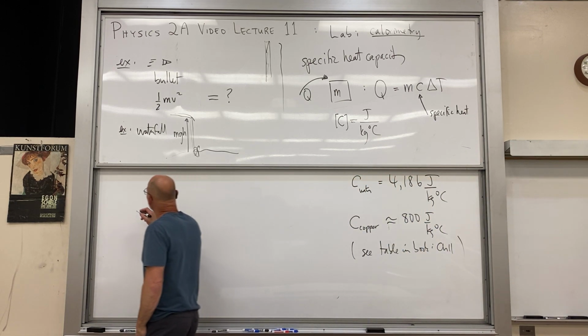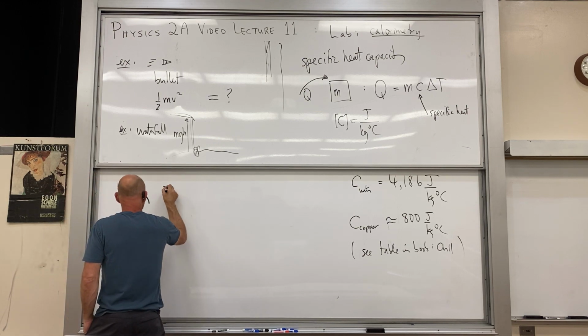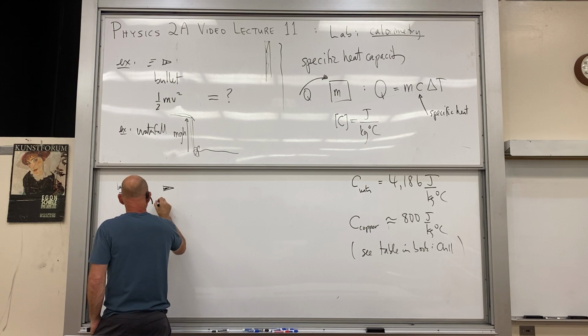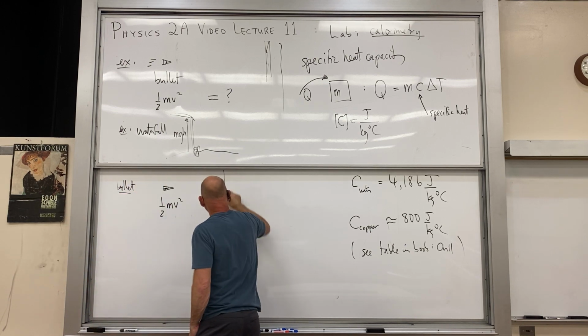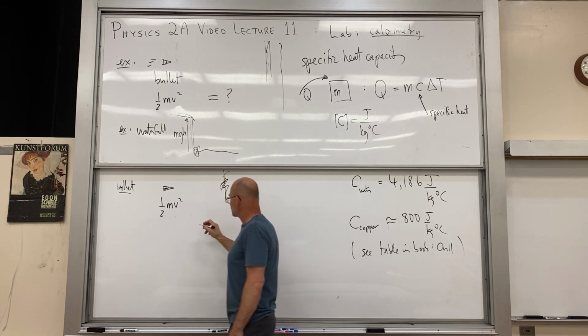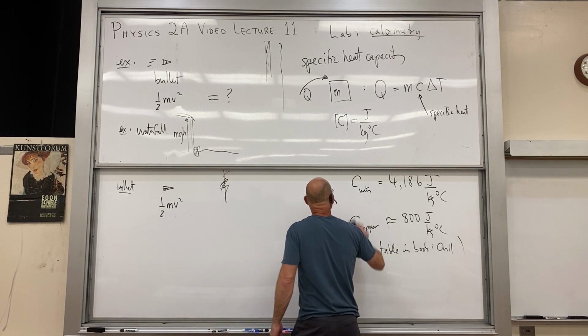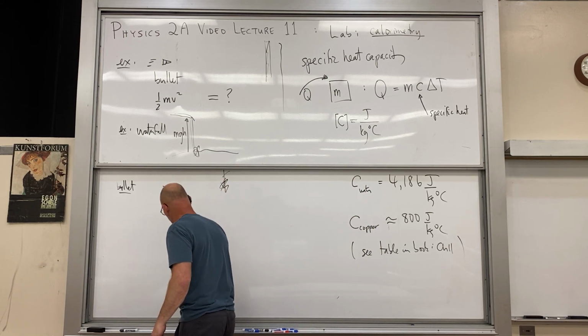So for the bullet, if it's moving here, it has kinetic energy, half mv squared, and it smashes into the wall, then that turns into this other formula. Okay, so let me write it a little bit lower.